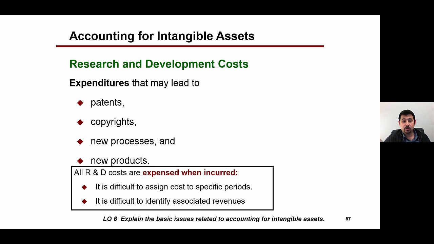Sometimes companies spend a lot of money on research and development and do not end up with a working product. And at the same time, it is hard to assign it to a specific accounting period. So it's hard to assign R&D costs to a specific period or to a specific product.